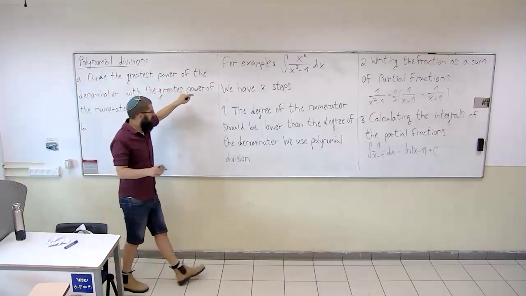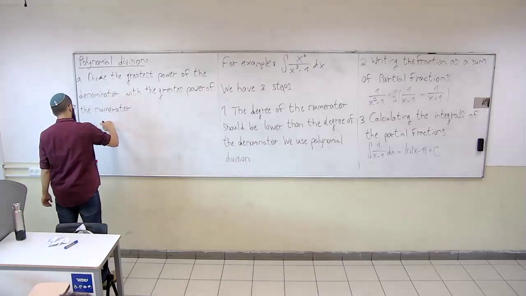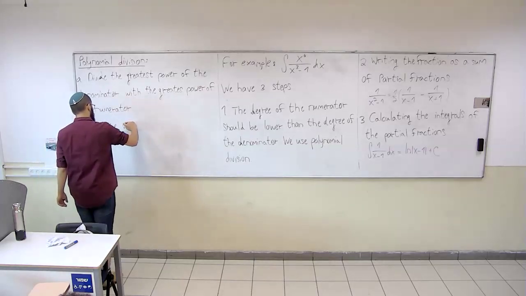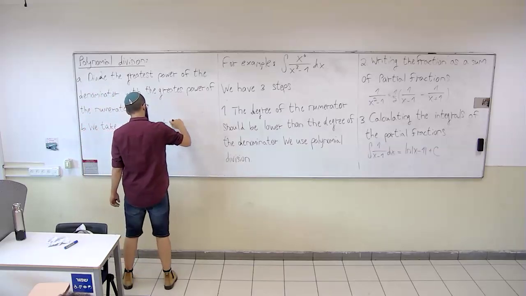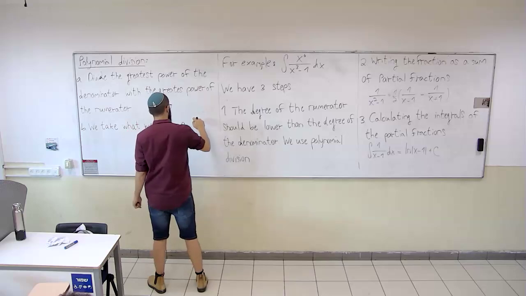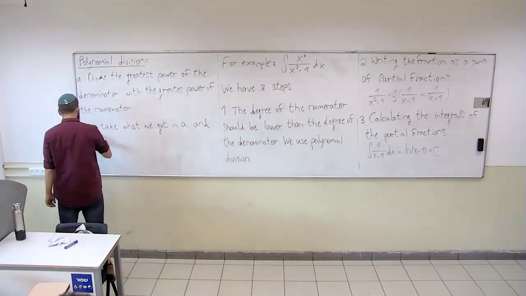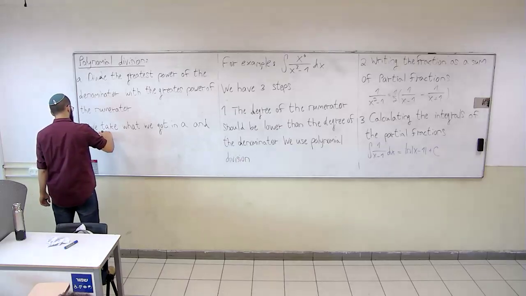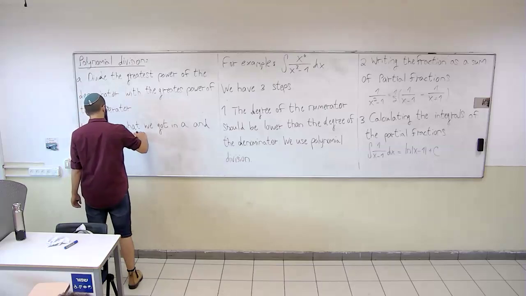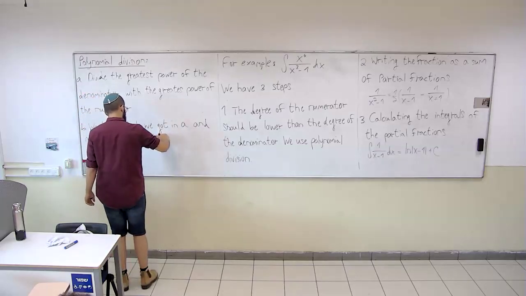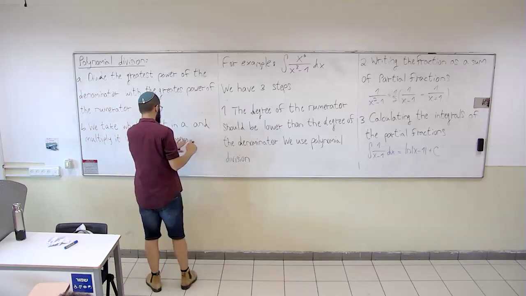Secondly, what we got in step A, we take and multiply it with the numerator.